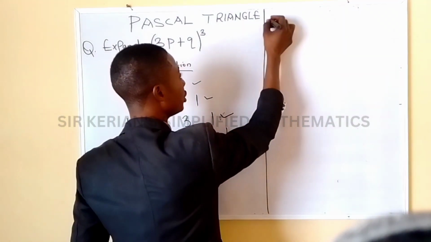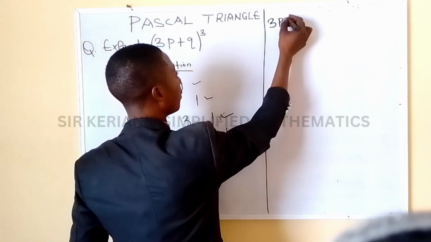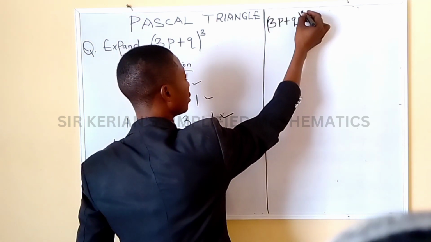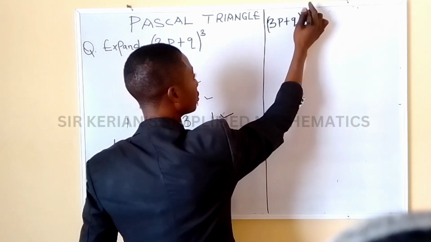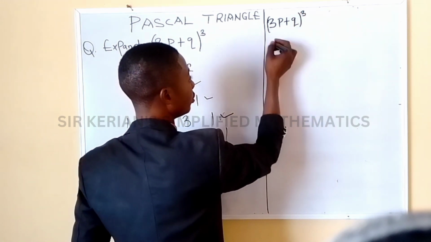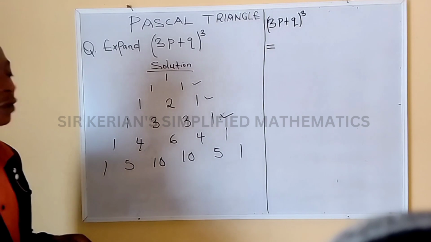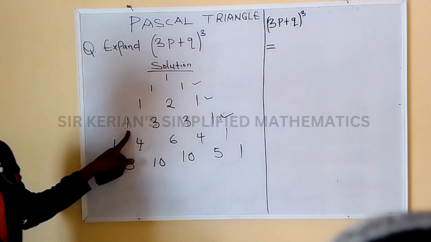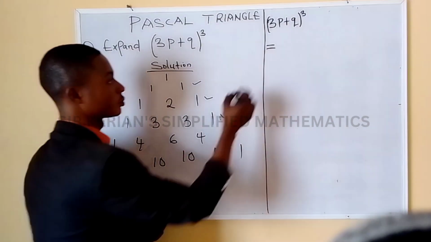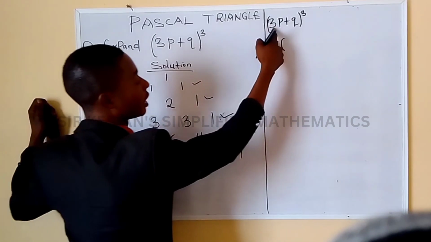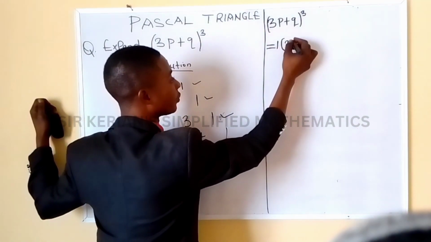That is our (3p + q) raised to the power of 3, which will be equal to, just watch well. You write the first leading number here, 1, times the first term, 3p.